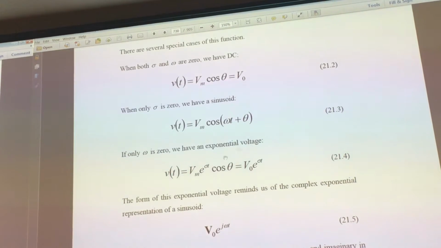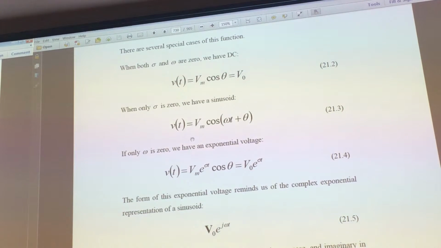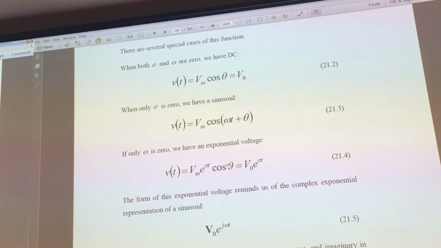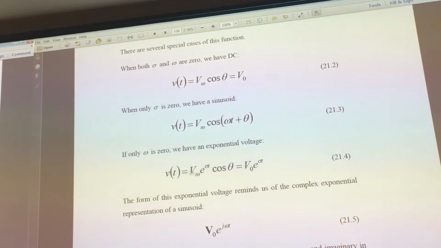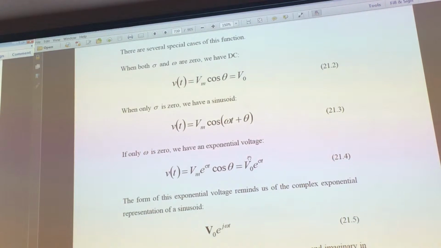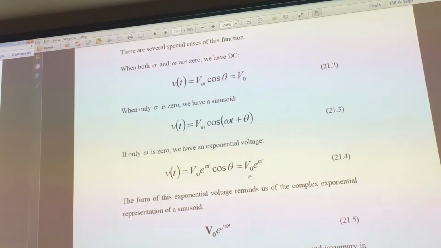We can also imagine a situation when sigma is not 0 but omega is 0. Then of course Vm times cos theta, which is the angle, is a constant number. We call it V0 here, and we have an exponentially varying signal, which might be decaying or increasing depending on sigma.